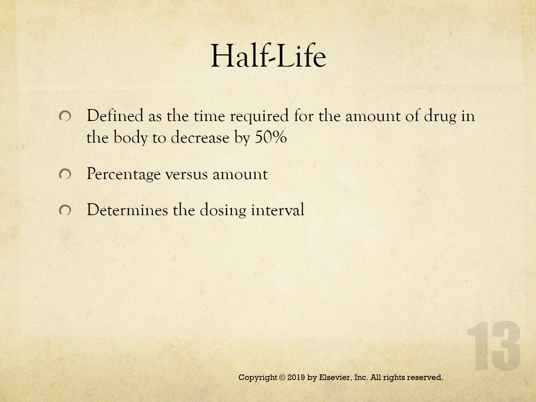The last concept here is the half-life of the drug, and that is defined as the time required for the amount of drug in the body to decrease by 50%. It is a percentage versus amount, and this is what really helps us determine the dosing interval of the drug. So drugs with shorter half-lives have to be dosed more frequently.